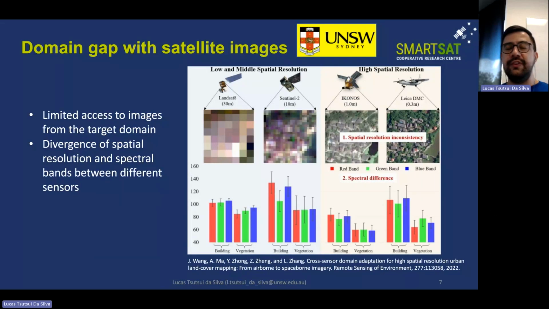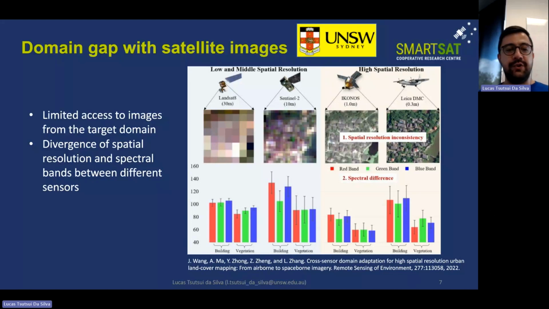And you may have to deal with domain adaptation, which means that the images that you use to pre-train the model in phase 1, the source domain, have different characteristics from the images that the satellite captures in phase 2 at the target domain.